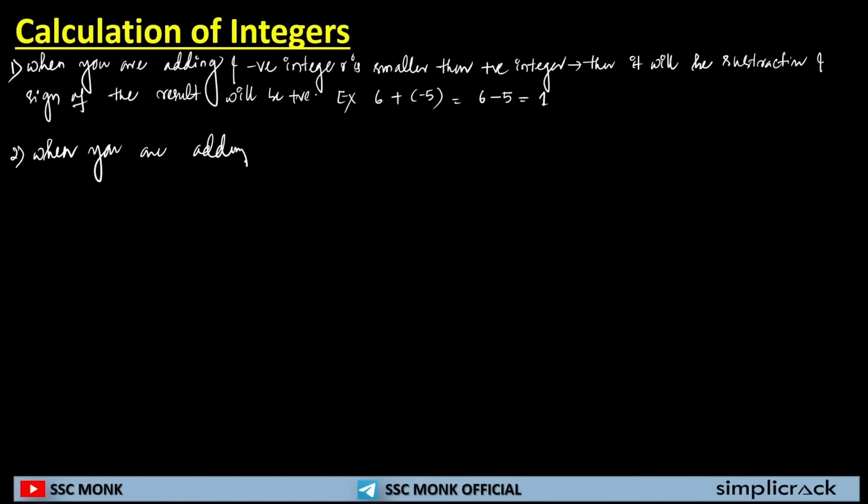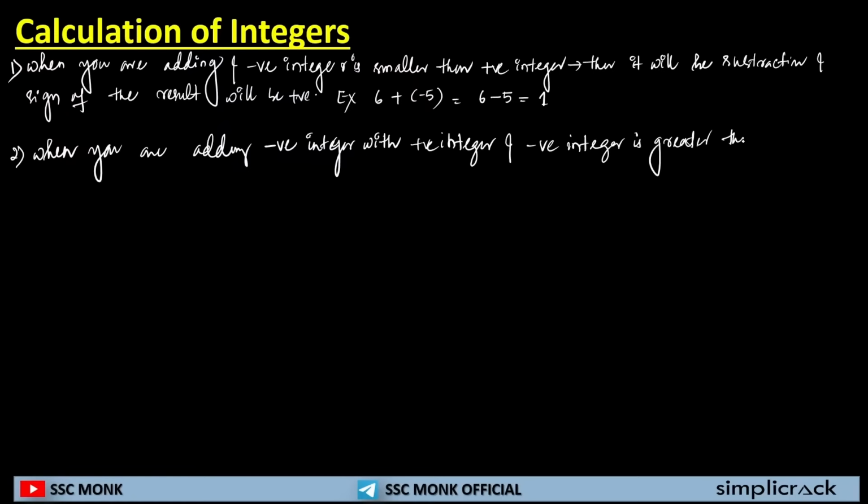Now the second rule says, when you are adding a negative integer with a positive integer and the negative integer is greater, then subtraction happens and the sign will be negative.